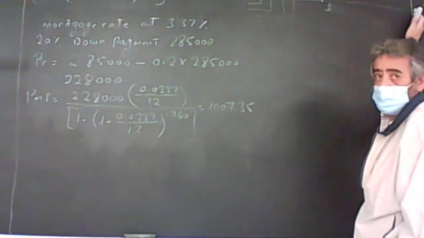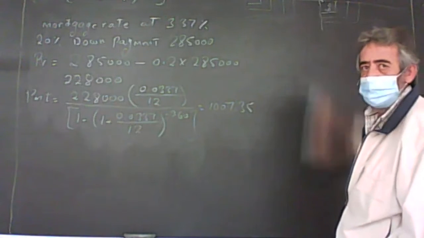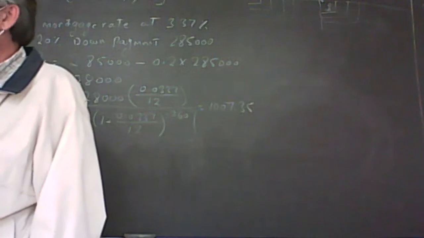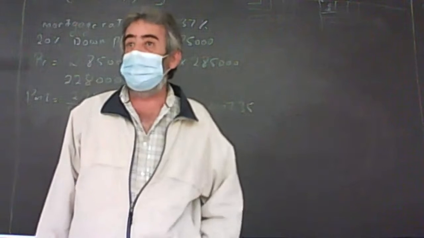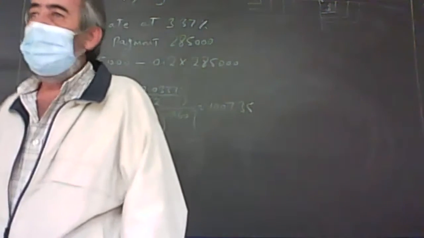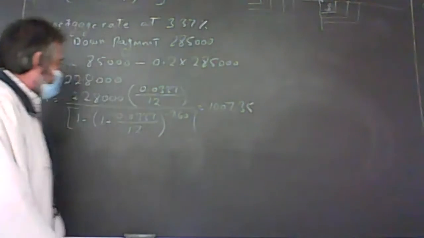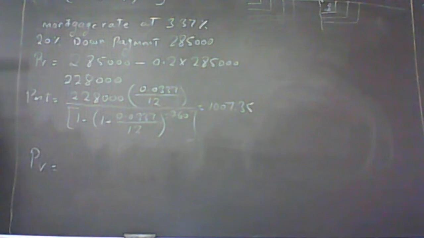If I want to know how much is left over, I can take these payments and project them back to the beginning. So we really need to use the present value formula again. But this time, instead of a period of 30 years, I've already paid 10 years, so I'm going to use the leftover years, which is 20. To figure out how much money you still owe, I figure out the present value of the loan.